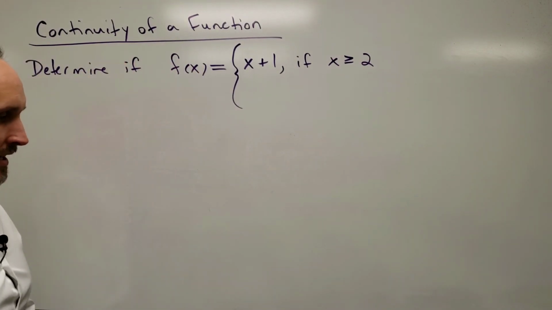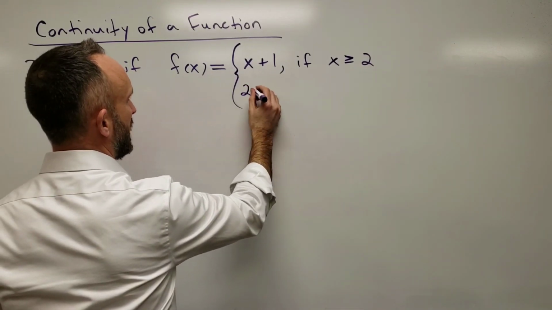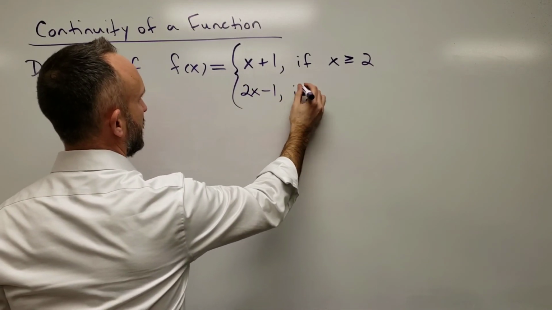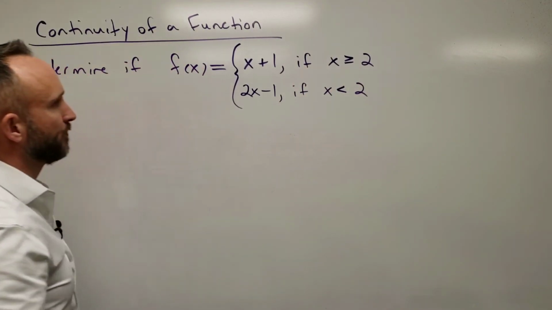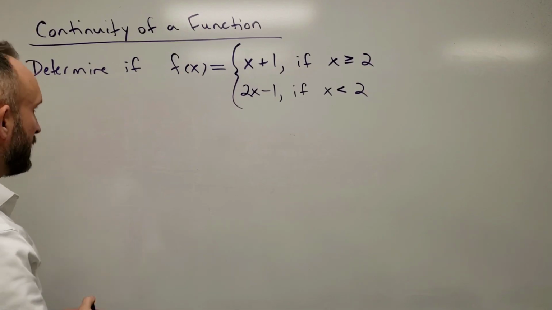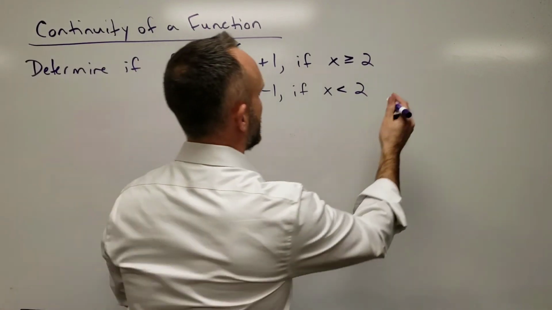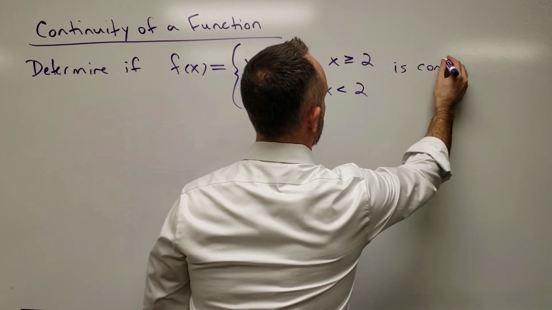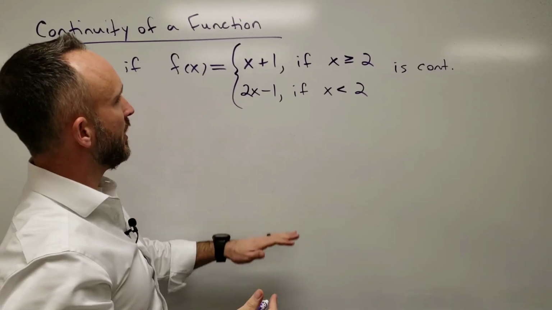And then the next formula, let's say, is 2x minus 1, and let's say that's if x is less than 2. Okay? So determine if f of x is continuous at, I bet you can guess the x value we're going to look at.